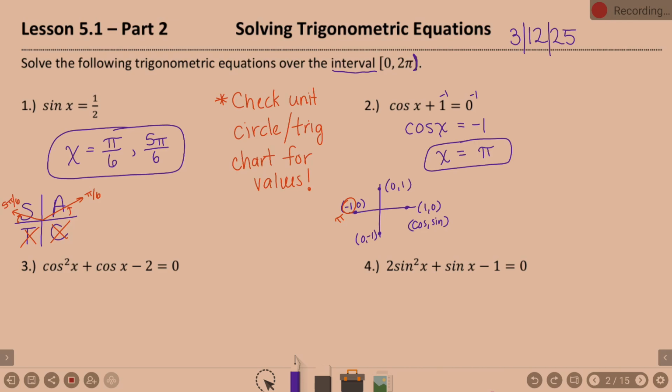Start looking at number 3: cosine squared x plus cosine x minus 2 equals 0. What if we added the 2 across and then took out a cosine? I don't know if that would do anything.